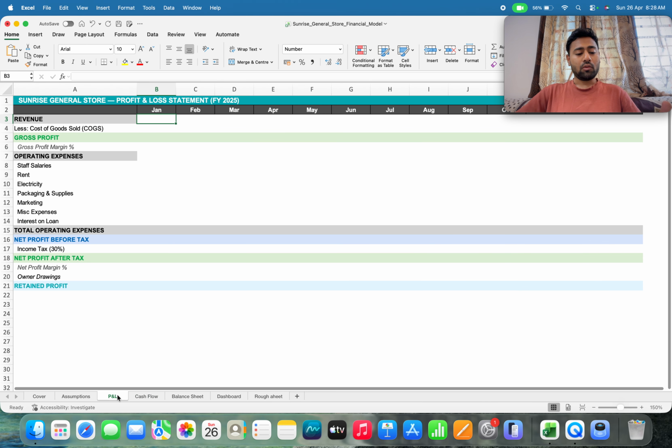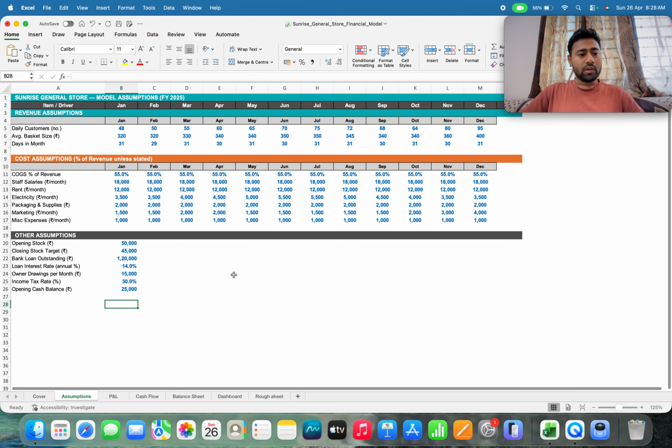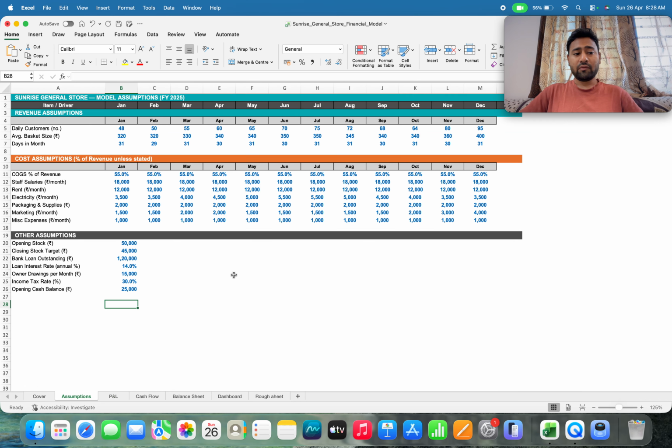Okay, now come to the profit and loss account. For revenue in the assumption sheet, what we have taken is daily customers, average basket size, and days in month. We are doing per month calculations in financial modeling from January to December. So we have daily customers of 48 in February, 50, and in March 55.